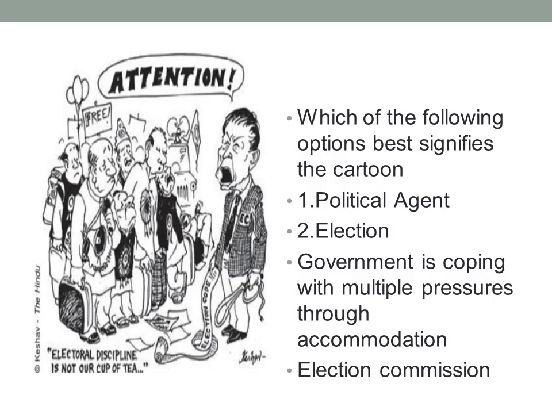So now when you see the options, political agents, no. Elections, no. Government is coping with multiple pressures through accommodations, no. Election commission, who is shouting at political parties and asking them to be in discipline, but they are refusing to be in discipline. This is the major theme. So what you should remember is, it is the election code which is being shared with the political parties to make them disciplined, and the person who is doing it is symbolizing the election commission, right?